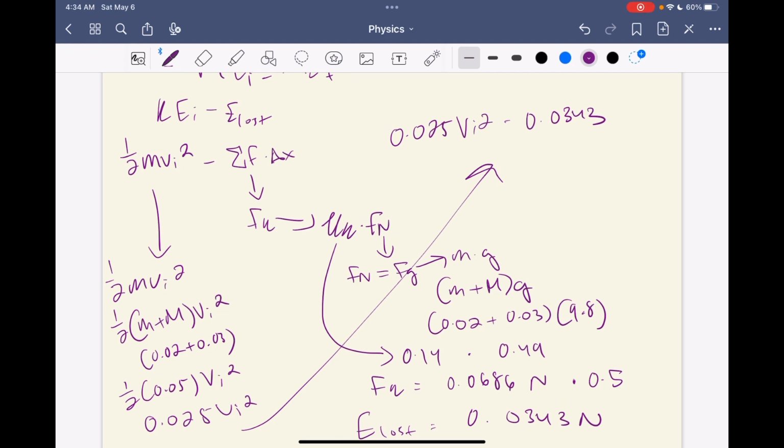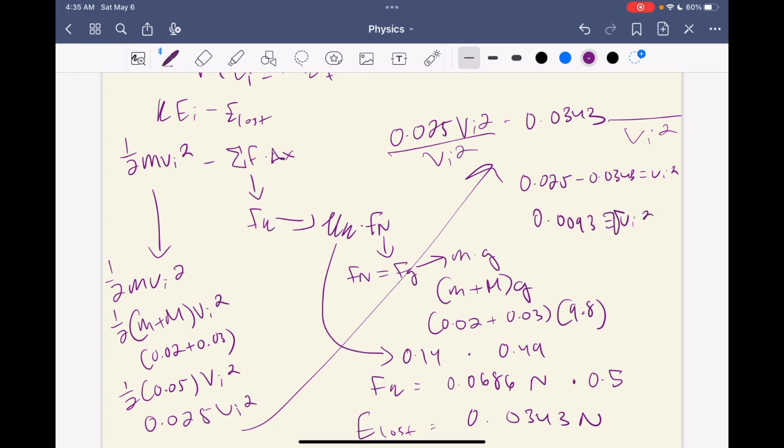And then we can move vi squared to the other side. So 0.0343 minus 0.025 is 0.0093.